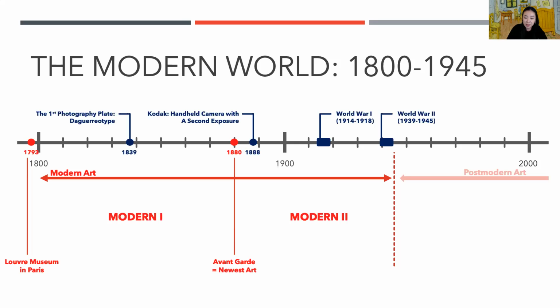So artists needed something new rather than realistic art. That art movement is called avant-garde, meaning newest art. And after avant-garde, art history began to write a totally different story.